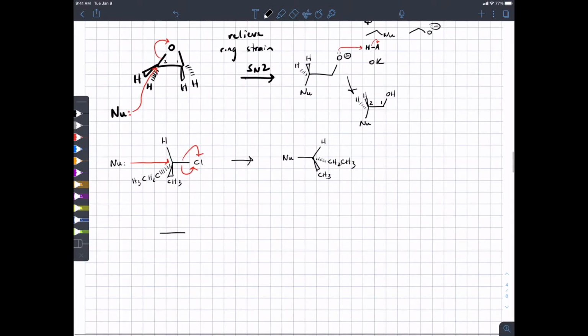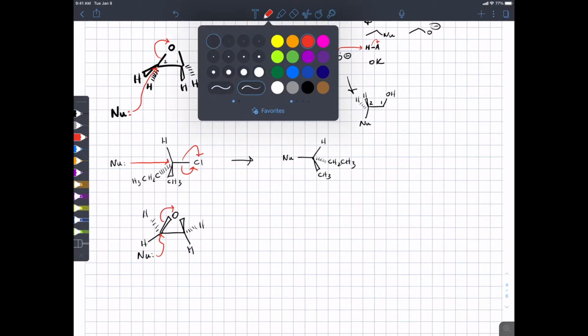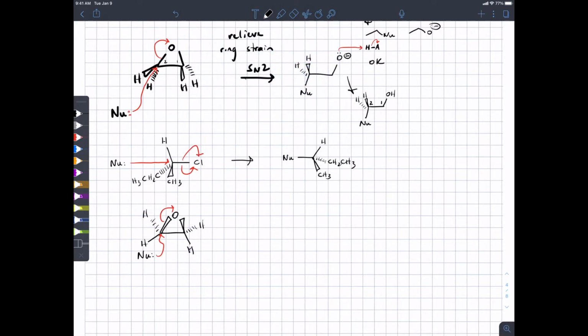If you wanted to, we could draw the epoxide like this. And we could have a nucleophile come in, imagine coming up from below and opening up the epoxide.